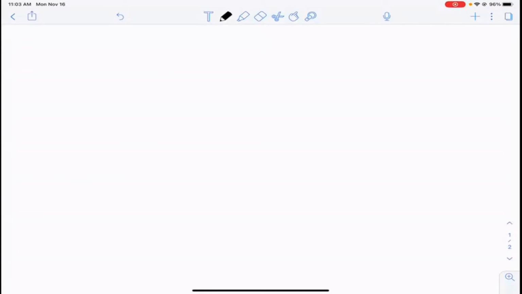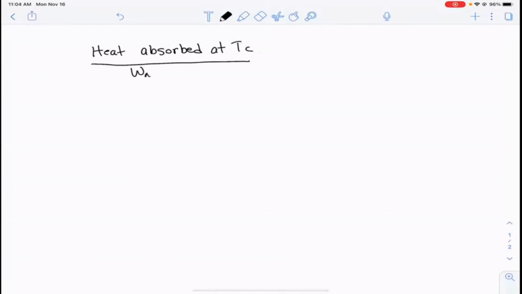And so if we wanted to define this figure of merit as something like heat absorbed at the lower temperature, or maybe I'll just say at T cold, divided by the net work that's performed.